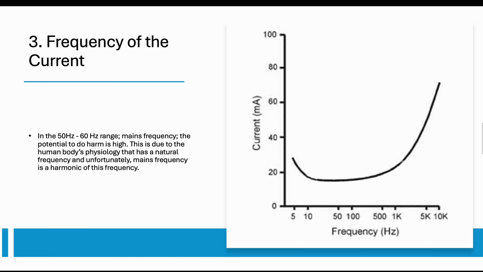The third one is the frequency of the current. With the frequency of the current, you know, our body has its own harmonic frequency, and our body's frequency actually ranges from 0.5 to 100 hertz, which is why we get affected with mains frequency, because mains frequency operates between 50 hertz to 60 hertz.